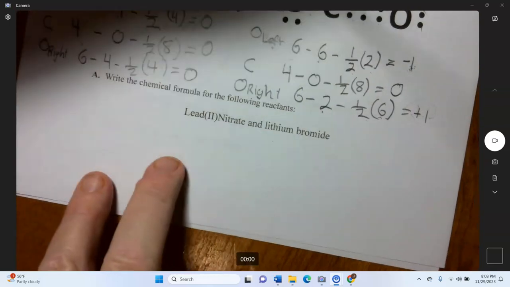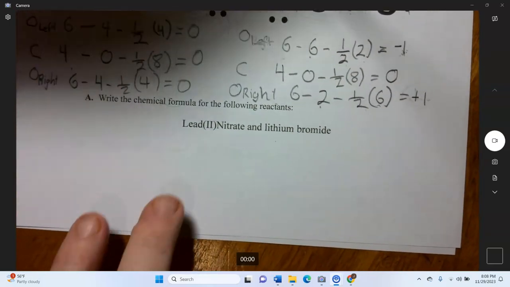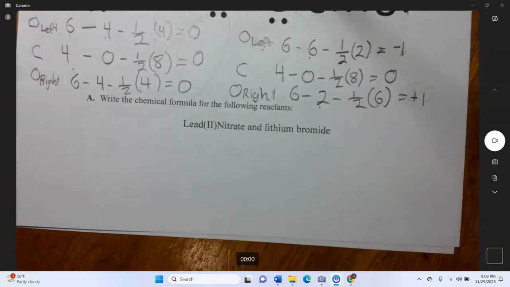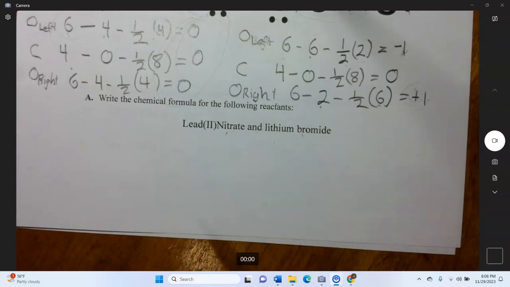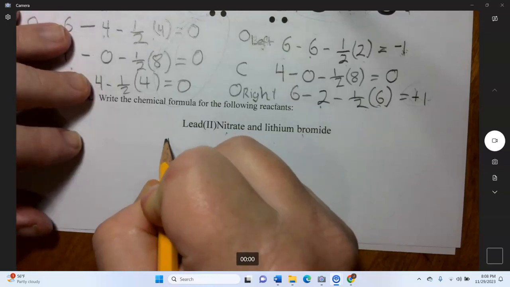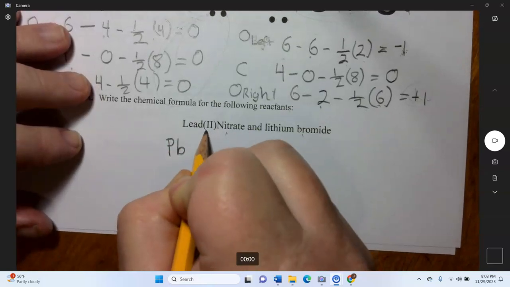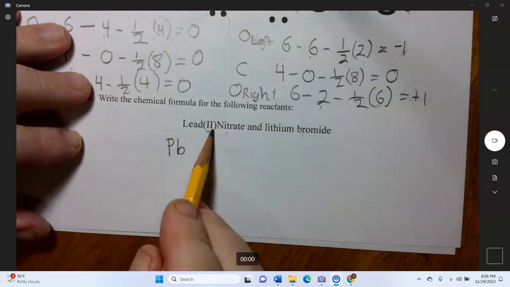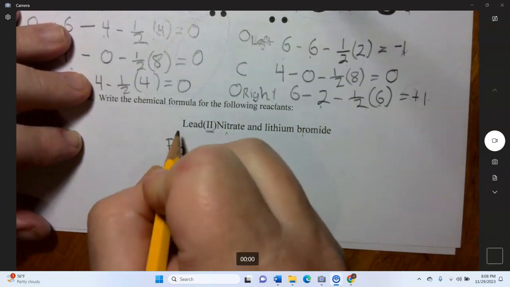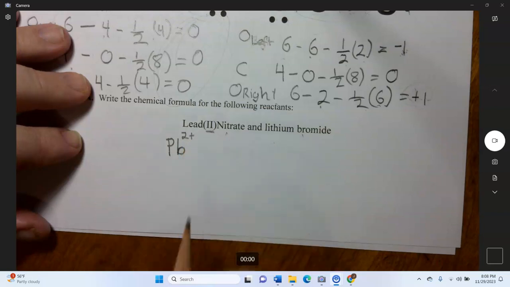Now I'm going to ask you a series of questions on net ionic equations. The first one will simply be taking the names of compounds and turning them into chemical formulas. So here we have Pb, lead, and it's a lead 2. There's more than one charge that lead can have. That's why you have to put the Roman numeral. So it's a 2+. It's a cation.